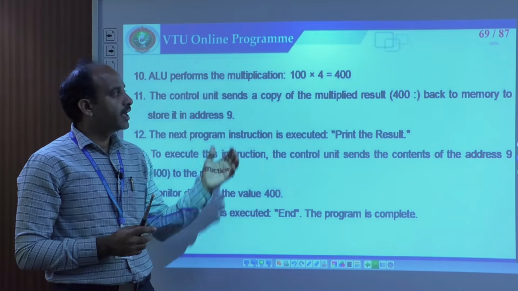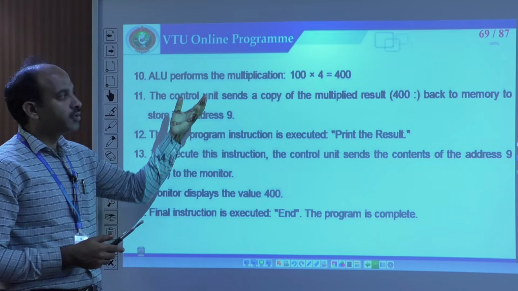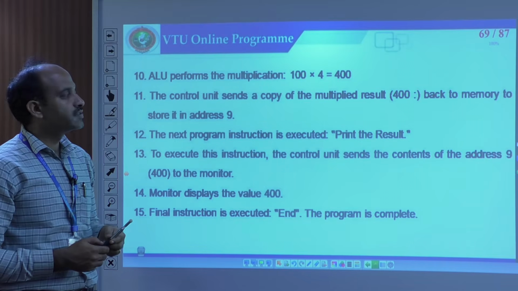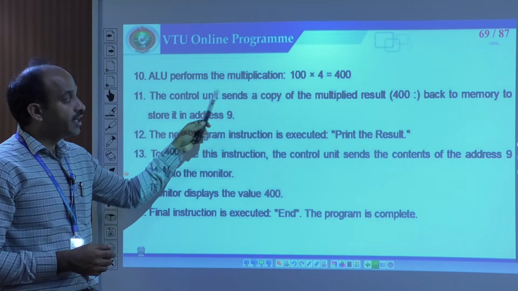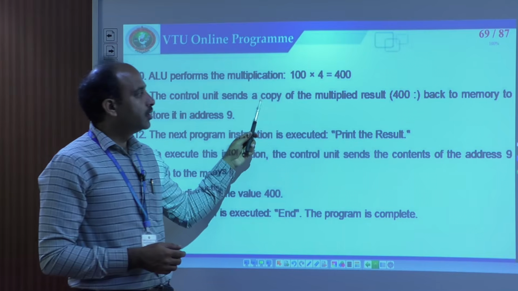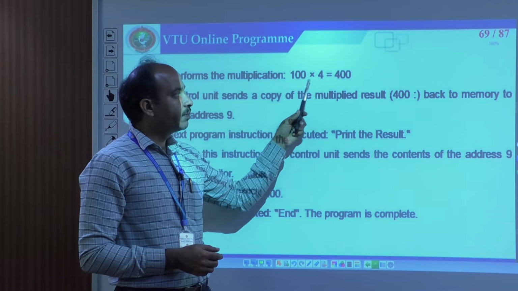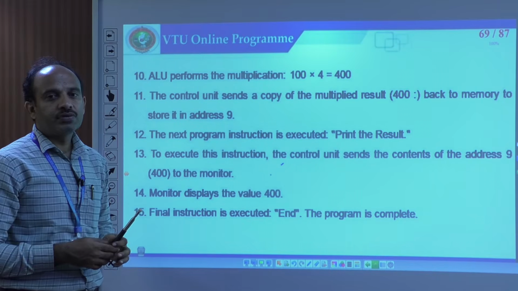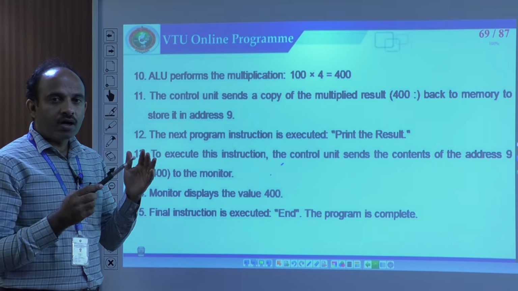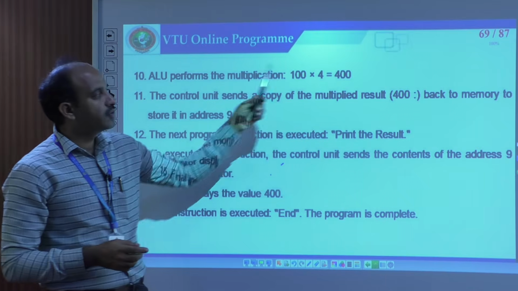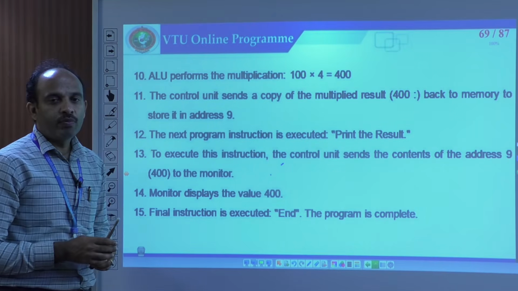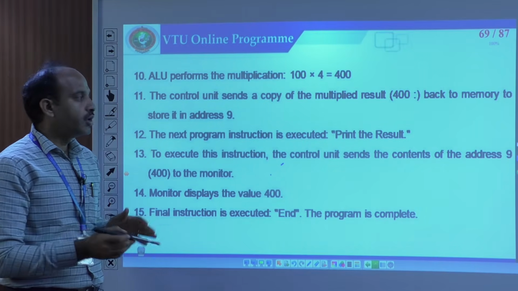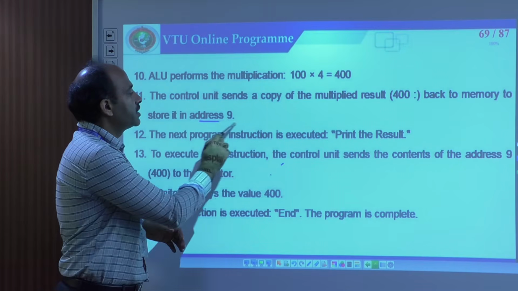Now the control unit receives the result, and it sends the multiplied result 400 back to the memory unit, and that result is stored in the memory location at address 9.